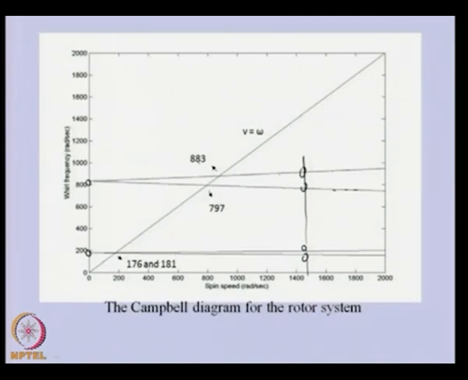So, this is the Campbell diagram, which is nothing but the variation of the whirl frequency with spin speed, occurring because of gyroscopic couple. The synchronous whirl line, in which the whirl frequency is equal to speed, gives us the critical speeds of the rotor system.